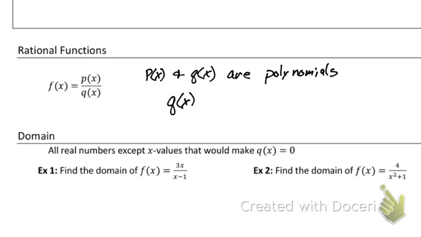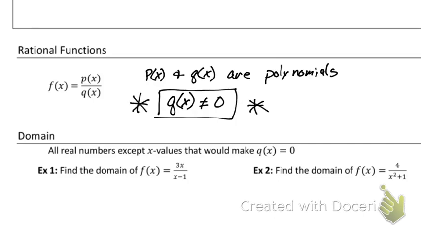Q of x cannot equal 0. And why I care so much about that, I'm putting stars by it and everything. This one fact leads us to everything else on this page.